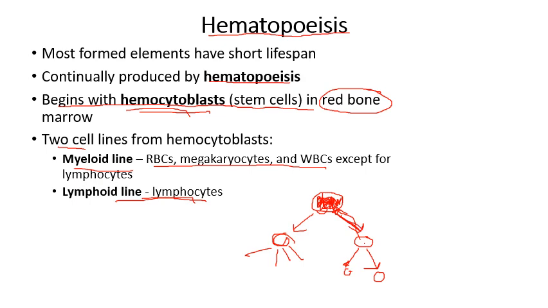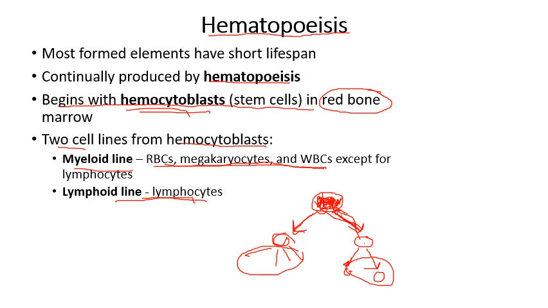So this cell could have been made into any cell, but once it differentiates to here, it has to become one of these lymphocytes. Or if it differentiates this way, it becomes one of these, and those are the red blood cells, megakaryocytes, and the other white blood cells that are not the lymphocytes.